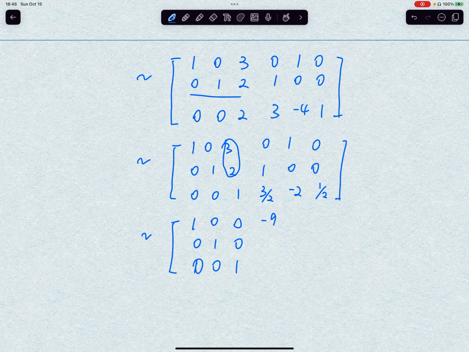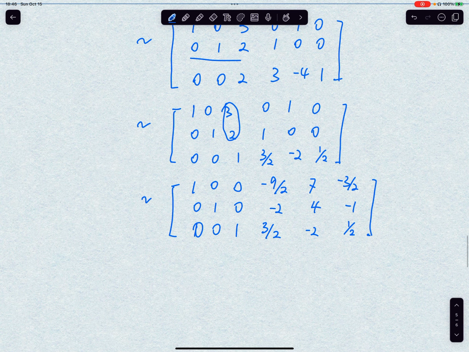And we have -9 over 2, 7, and -3 over 2. Here we have -2, 4, and -1. The last row remains unchanged. And since our A is now row equivalent to In, we have two conclusions.